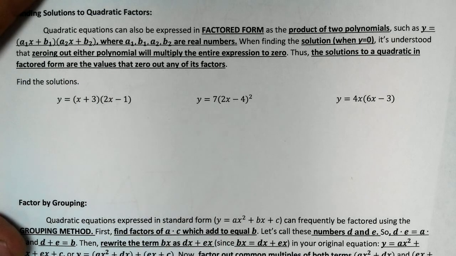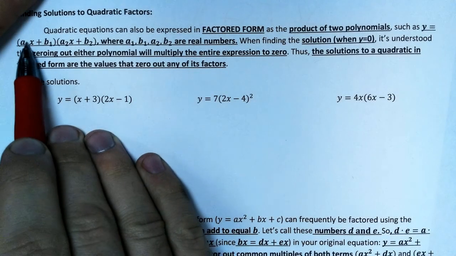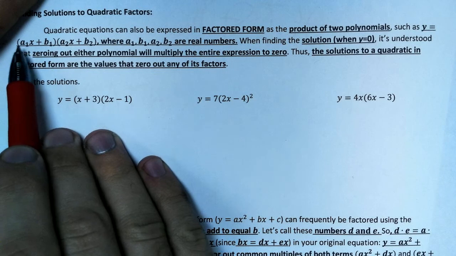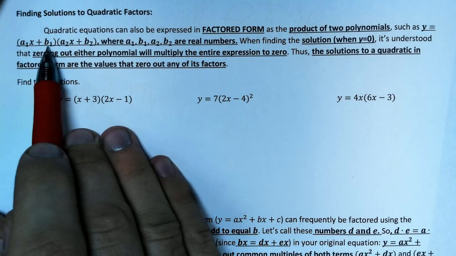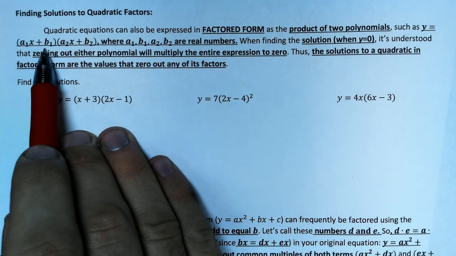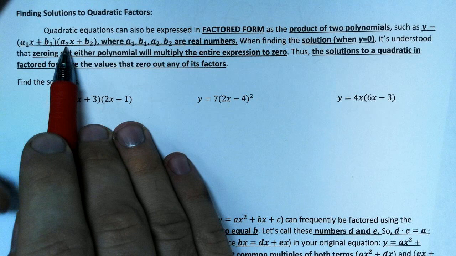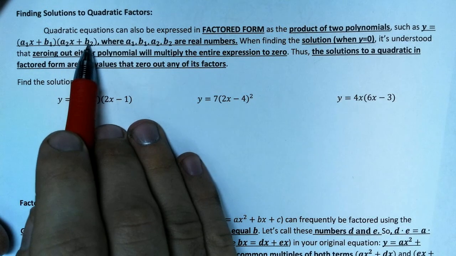Okay, that's a lot of stuff going on in there, but basically what that means is that we have some number potentially multiplying x, and another number adding to x. Either of these could be positive or negative. We don't know. This is a very general form. Likewise, we also have another number multiplying x and another number adding to x.